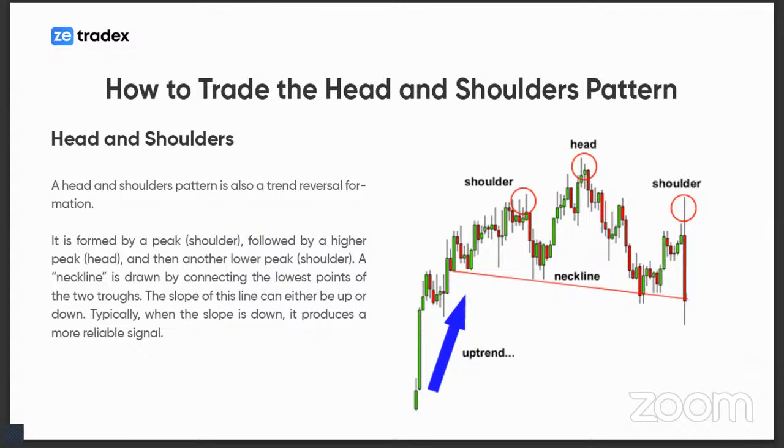We have the neckline, we have an uptrend currently happening, and then you see the double shoulders and the head, and then you see the red candle that formed right after the two shoulders and head pattern formed. You should understand that a sell market is in the books. At this point, it's a good time to make some entries for a sell and close good profits. To the next page, please.